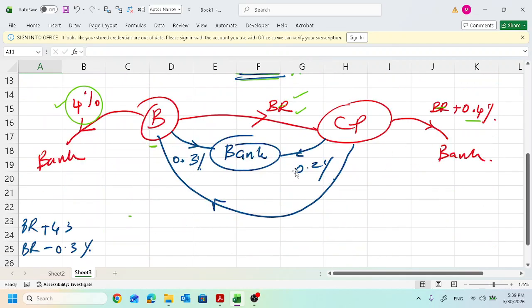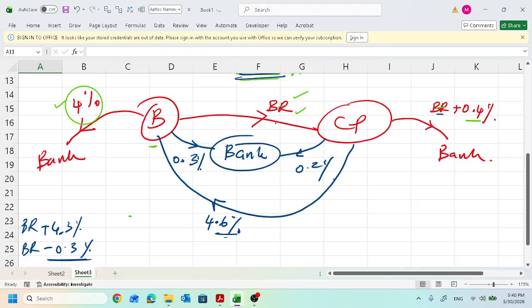So 4.6% has to be paid here. Check that 4.6%. Why? I need to give this 4%. I need to give this 0.3. Cancel these two, 4.3. Then give another 0.3 extra, then only it will become minus 0.3. So 4.6.